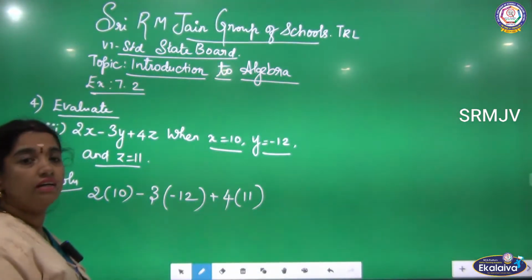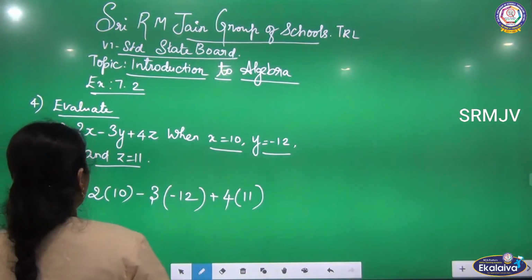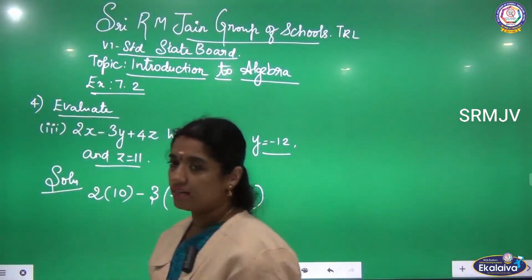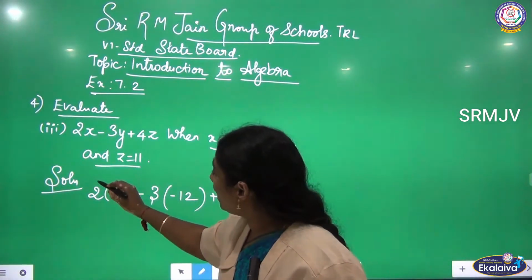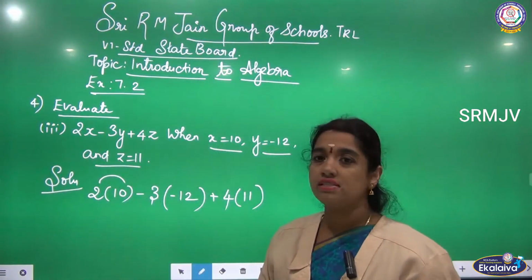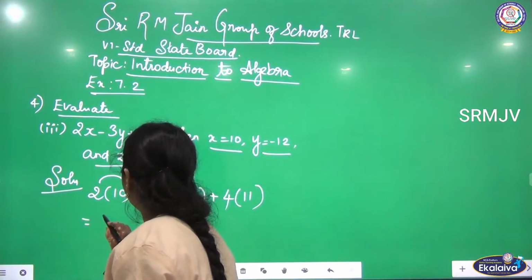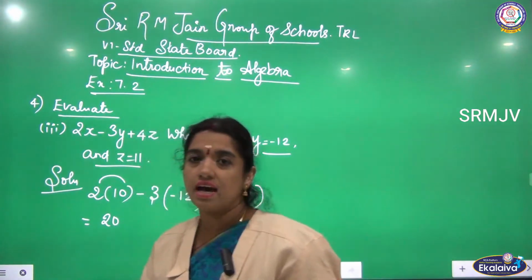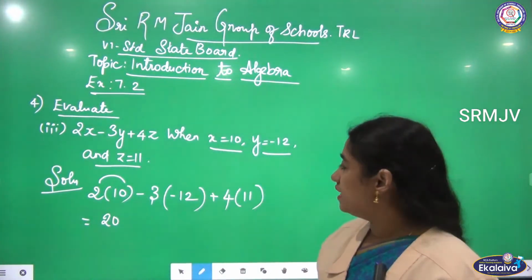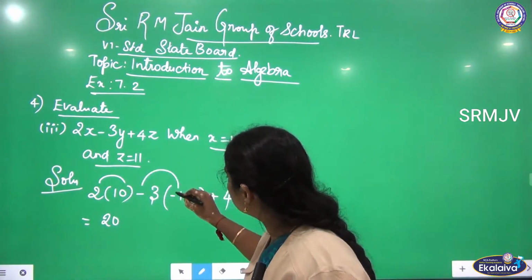Is it clear? 4 into 11. Now you can multiply this. Listen, children. 2 into 10, which is 20. 2 tens are 20. Next, minus into minus.